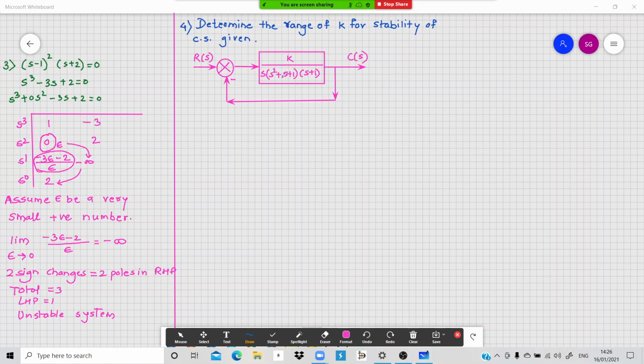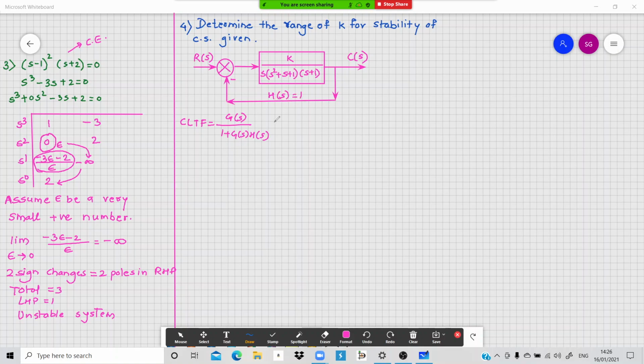We are interested in what? Characteristic equation. Many a times I have told you all these are characteristic equations, right. So we are interested in the characteristic equation. We'll go for CLTF. You know the formula for CLTF, that is G upon 1 plus GH. You apply it over here where H is equal to 1. Correct?